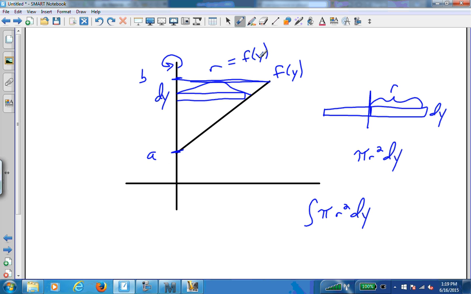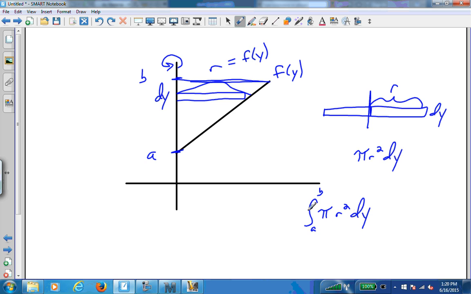And remember, that will be an x value. You put a y in, you get an x out. So pi r squared from A to B, where A and B are y values.